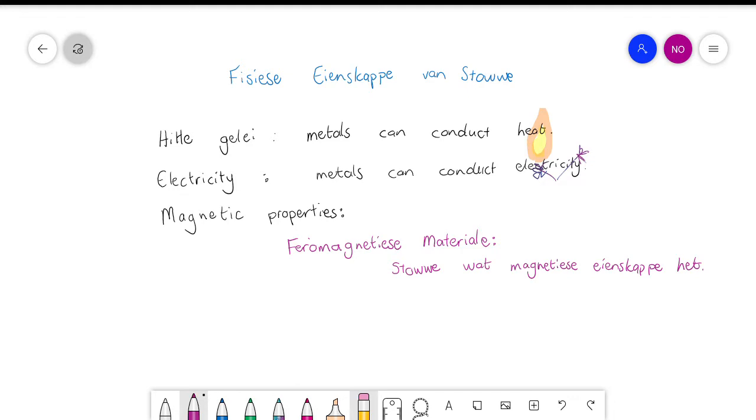Okay, that is written in your book. They talk about the ferromagnetic materials.